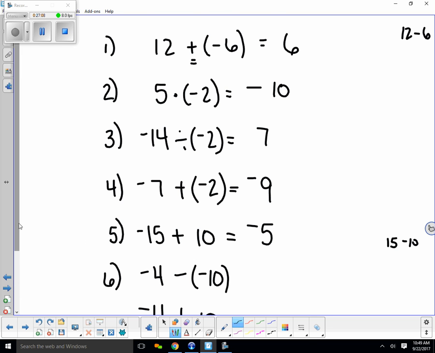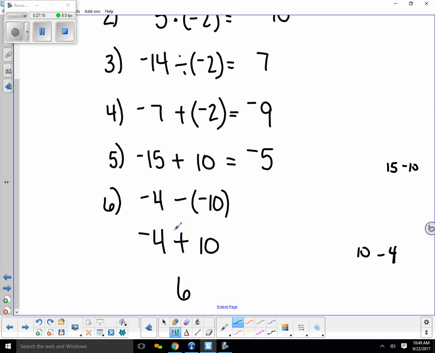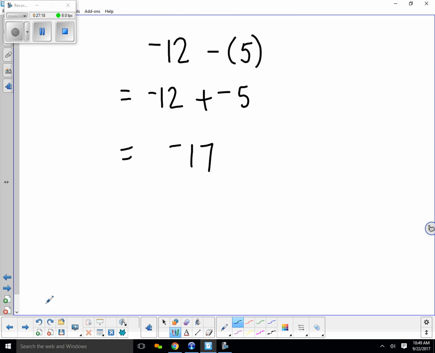We subtracted over here because I have a negative and a positive, so my two signs were different. So it told me to subtract the two numbers. Now in this one, I have a negative and a negative, so my signs are the same. So I'm going to add the two numbers and keep the sign. Okay? Everybody good, or you want another one? Everybody good?